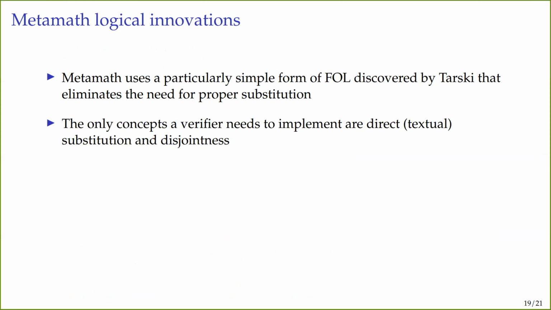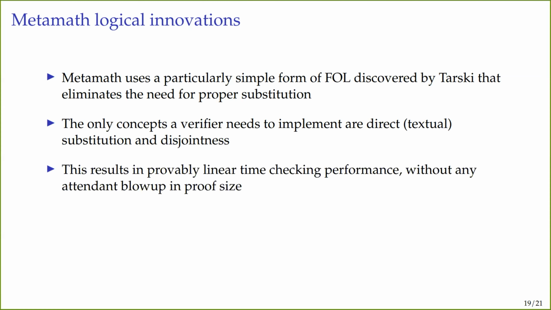That is to say, you only need to understand direct substitution, like textual substitution, without regard for bound variables, except that sometimes when you apply a theorem, you have to check that two strings don't contain the same variables. It turns out that these two operations are very easy to check and also easy to cache in a certain way that allows you to do this in a provably linear time way.